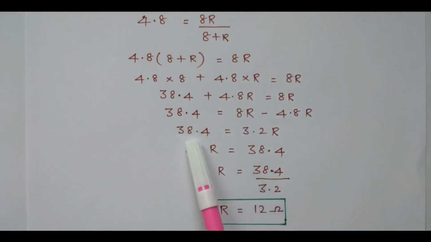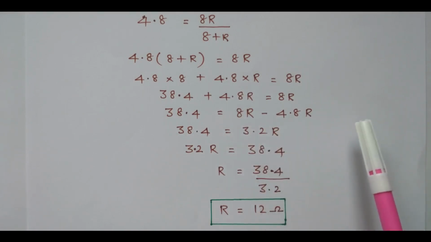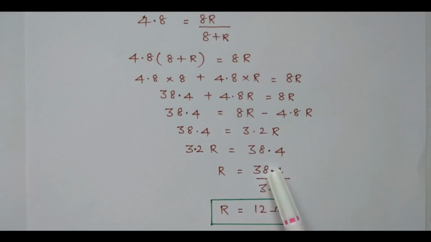So 38.4 equal to 8 minus 4.8, which is 3.2R. So 3.2R equal to 38.4. Bring this 3.2 to the denominator. 38.4 divided by 3.2. So R equal to 12 ohm.